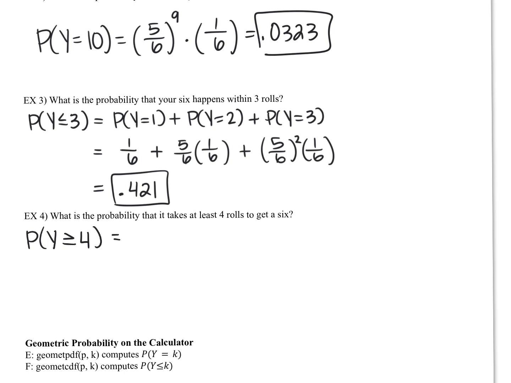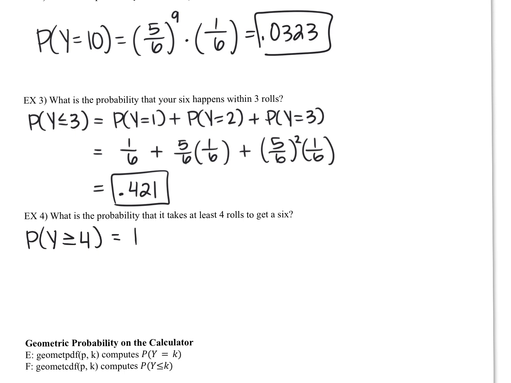Now, with the binomial distribution, we could leave it as a greater than or equal to because we had a set number of trials. But with a geometric distribution, I could technically go on forever. There is no sample size. So if I have an at least situation where I have a greater than or equal to inequality for my probability, I have to change it to a less than or equal to problem.